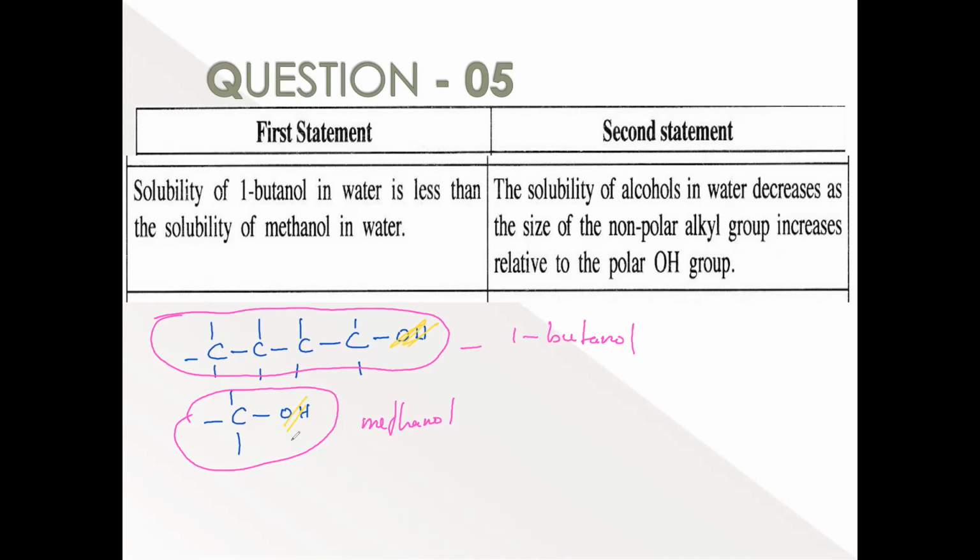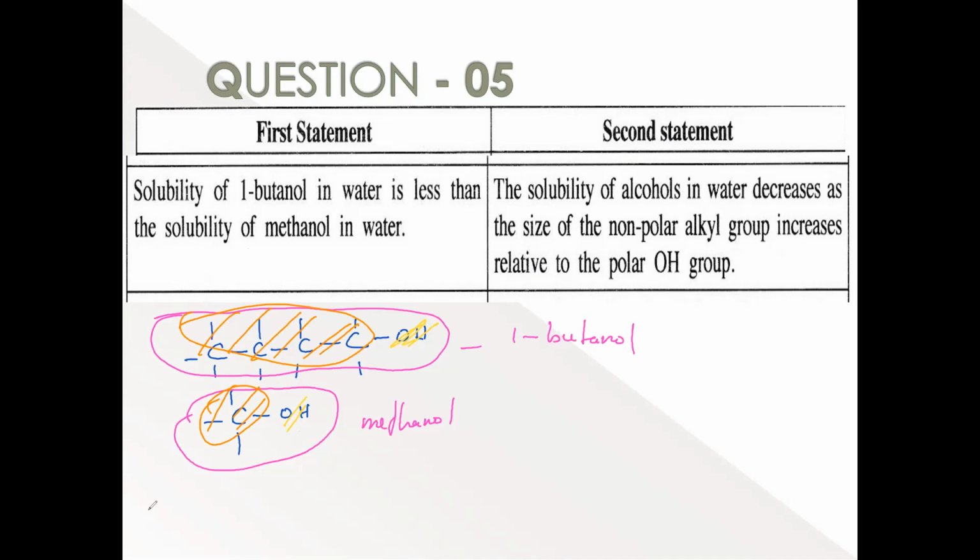So what is happening here? The solubility of alcohol in water decreases with an increase in the size of the alkyl group. So this is the concept. As your non-polar group increases, your solubility will decrease. You can see the size of the alkyl group in 1-butanol is always larger than the alkyl group in methanol.